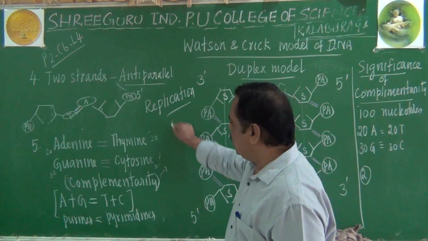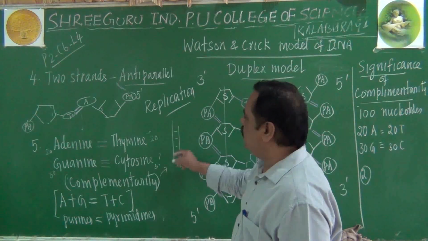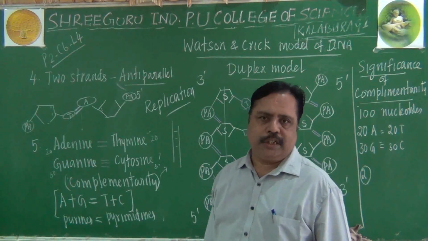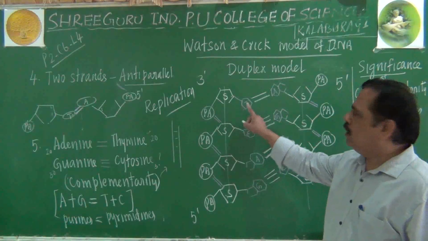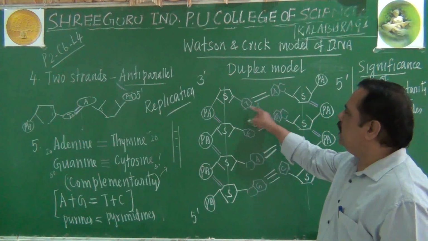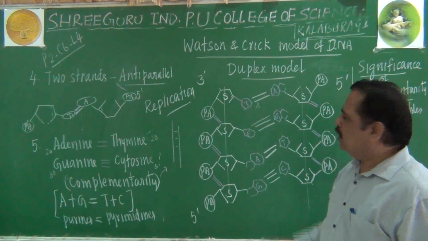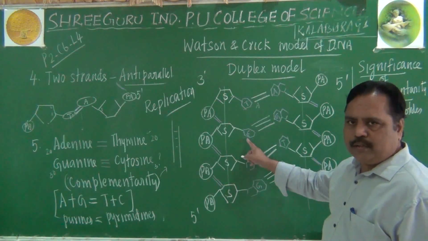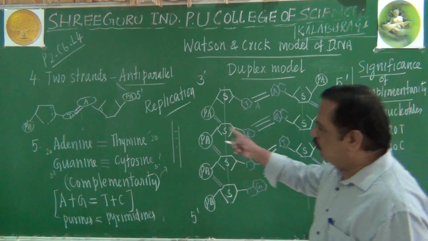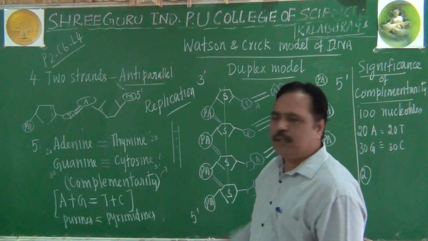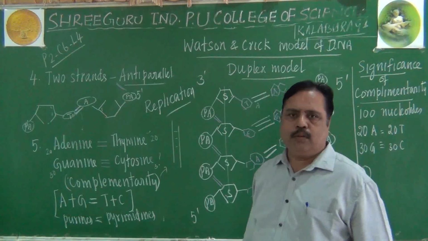So during replication, the daughter chain will be identical with the parental chain, because if the parental chain has a thymine, it will pair with adenine only. If the parental chain has cytosine, it will pair with guanine only. So we can predict the daughter molecule also. In replication, we will do a detailed study.